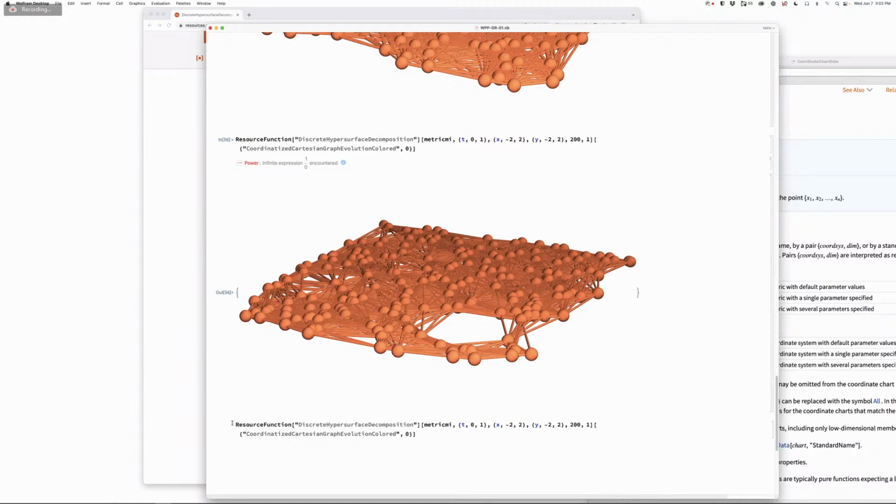Let's make graph edge style arrow like gray or something. Oops, why didn't that work? It's a list. Sorry.